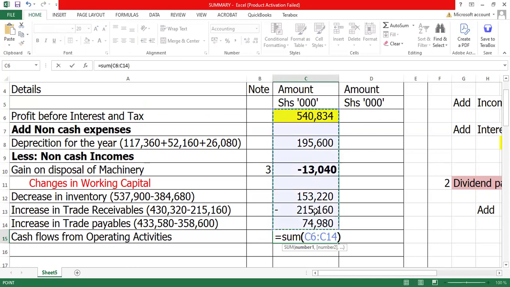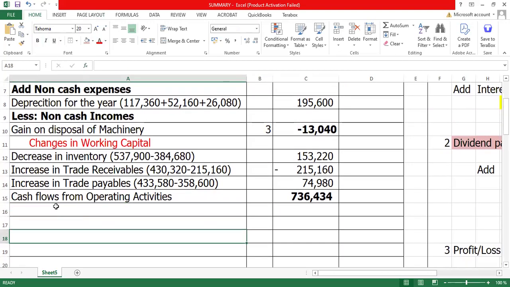But for you, you have to make sure that you get this plus this minus this plus this minus this plus this, then you get this. Once you get this, you will now bring the component of interest paid, and also bring the component of tax paid, income tax paid.